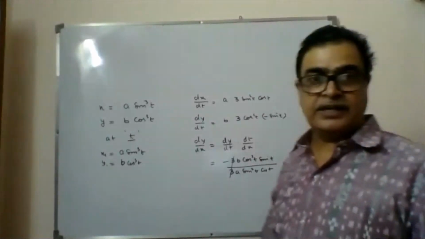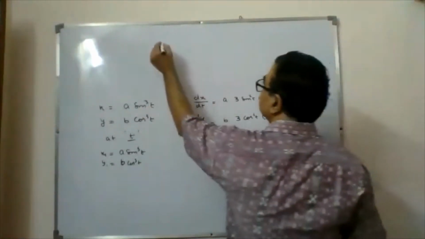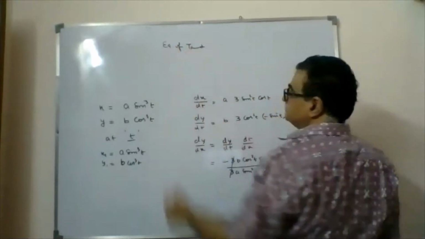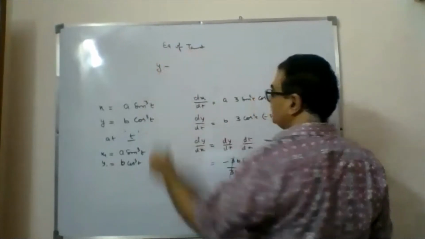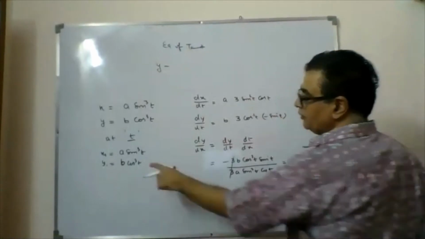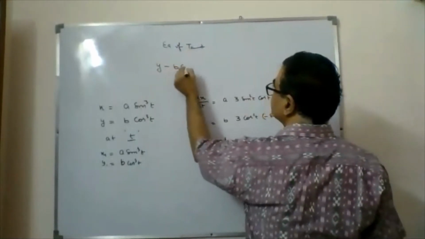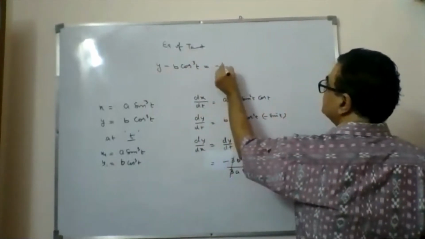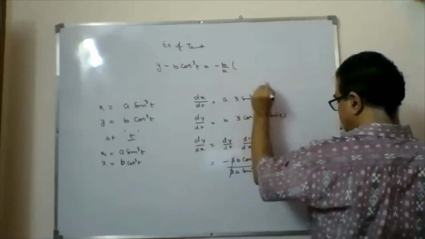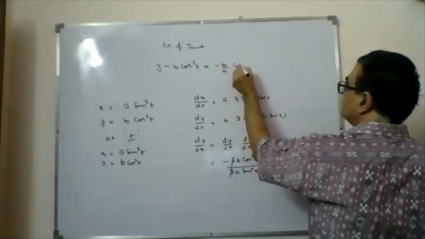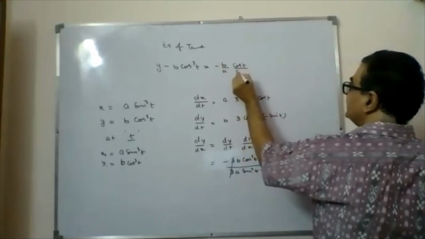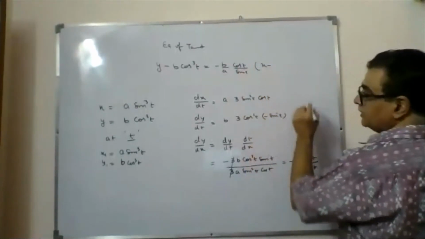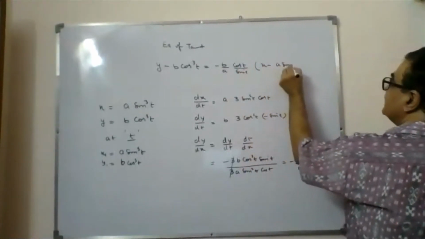And now when they say equation of tangent, the equation comes out to be y minus y1, y1 will be b cos cube t, equal to minus b by a cos t by sin t into x minus a sin cube t.